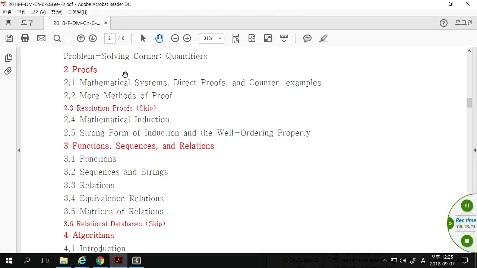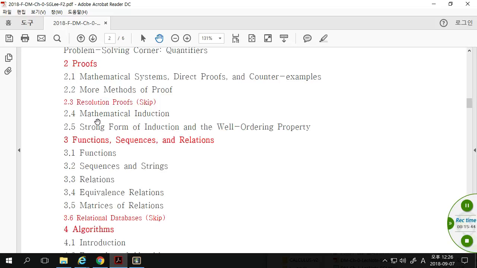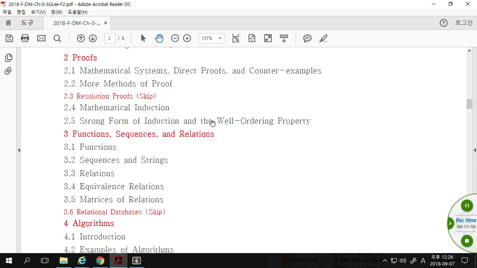You will learn how to verify your answers or your logic. You will learn the method of direct proof and the proof by counterexamples. And also you will learn mathematical induction and the strong form of mathematical induction.